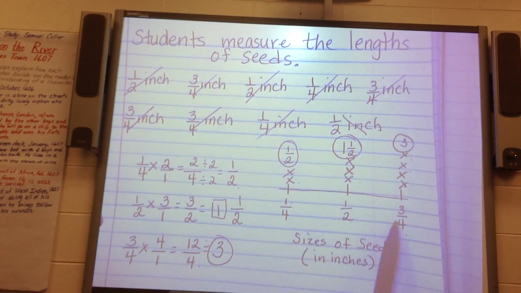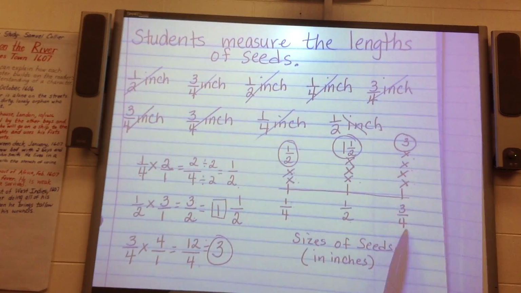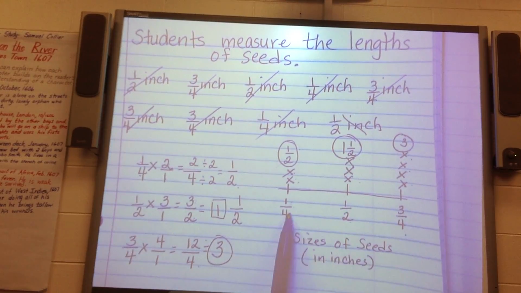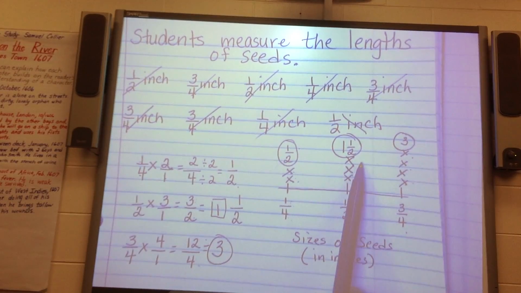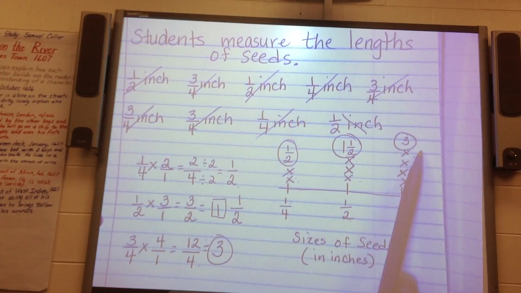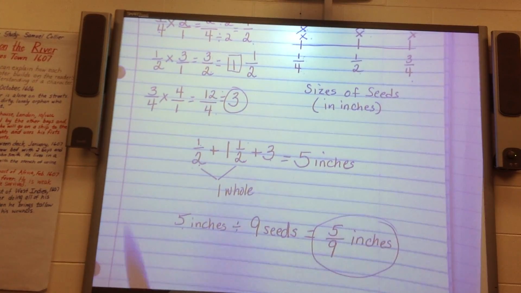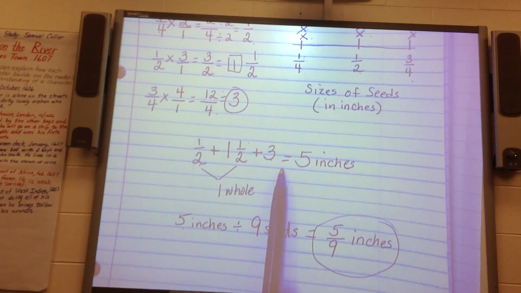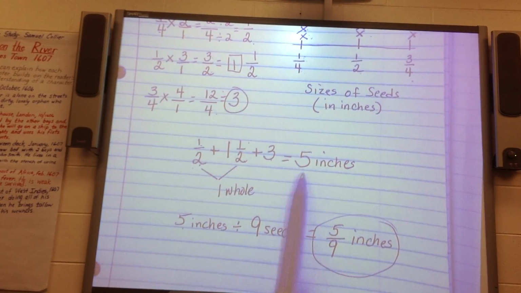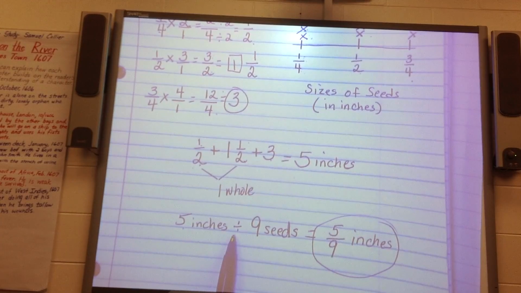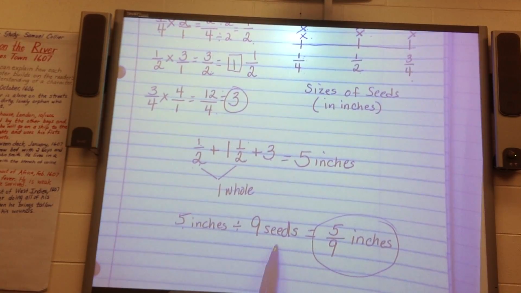And you'll do that for all of the data, however many pieces of data you have. Take each measurement, times it by the amount of X's. Find your totals. Once you've got your totals, then you're going to add your totals together and get that answer. And divide that by how many pieces of data you had to begin with, how many X's.